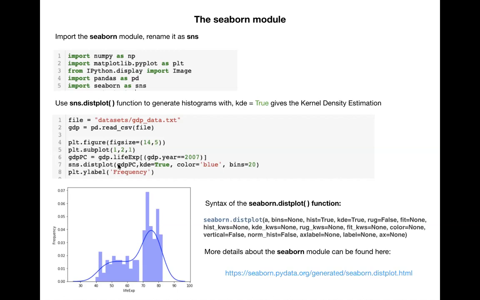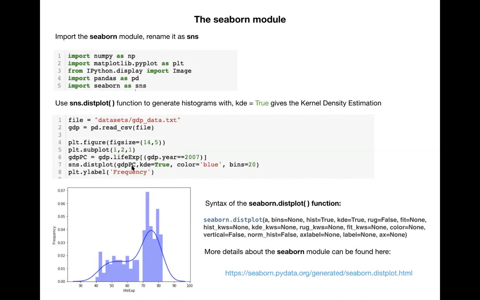So distplot, and that's my data frame, and I want a KDE, the kernel density estimation, equals true, which gives me this blue line, and color equals blue and 20 bins, and I label everything in this way.